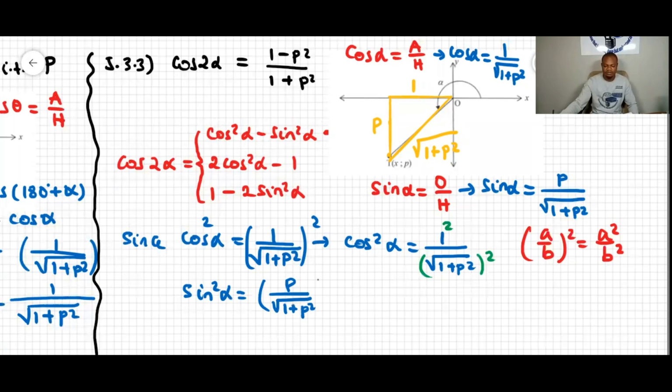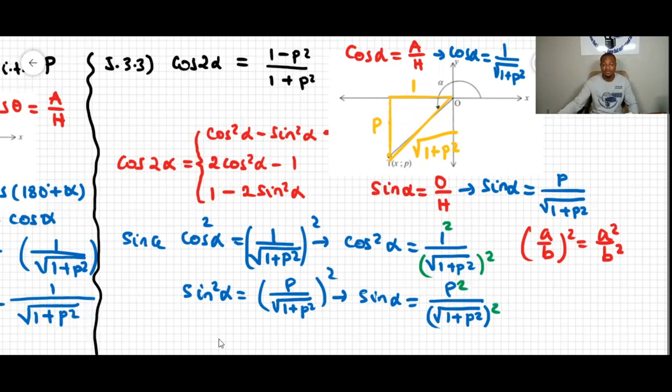Okay, to the power of 2 also. Then sine squared alpha will be p squared, for the same reason, over 1 plus p squared.